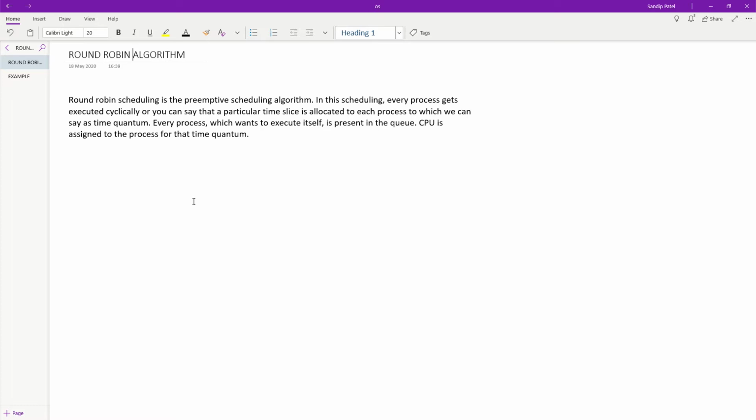So if process P1 comes first, it enters first, then P2 enters, then P3, like this. So that's FCFS. Round robin algorithm is similar to FCFS, but preemption is added here, FCFS plus preemption, to switch between the processes, right?